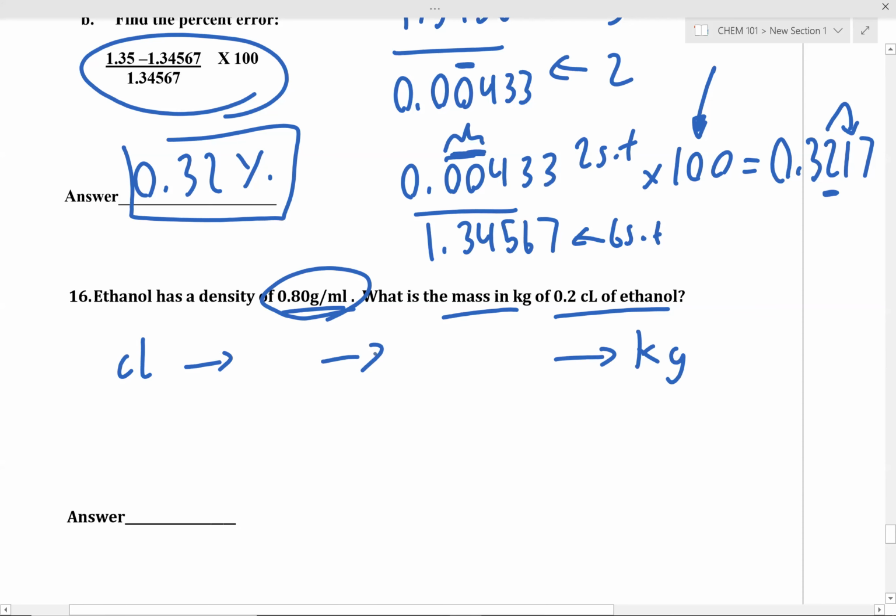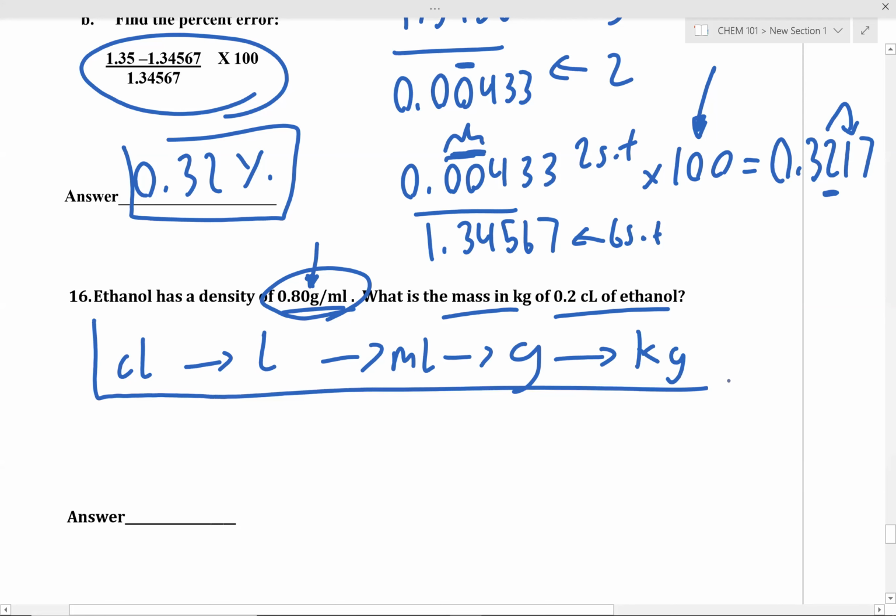So in order to use our density as a conversion factor, what units does our volume need to be in? Milliliters. So we need to go from centiliters to milliliters. And then from milliliters, what units does our density allow us to go to? Grams, exactly.